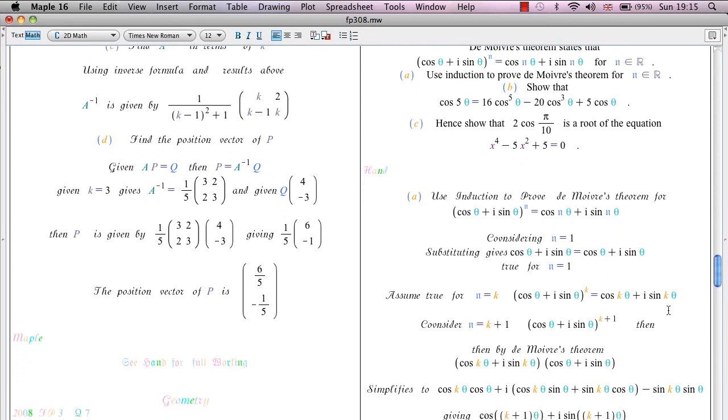So for part A, substituting n equals 1 is true.